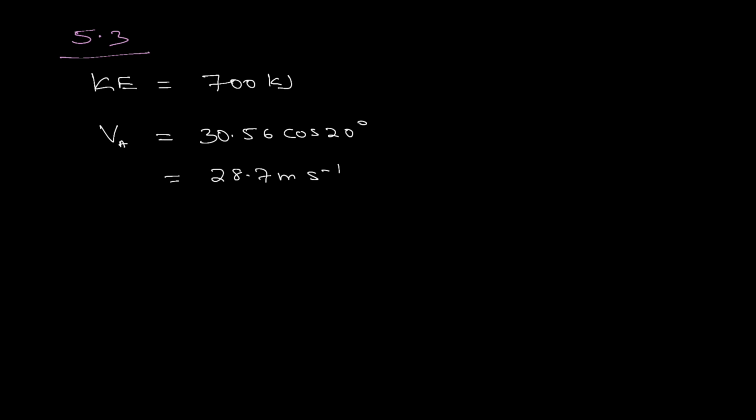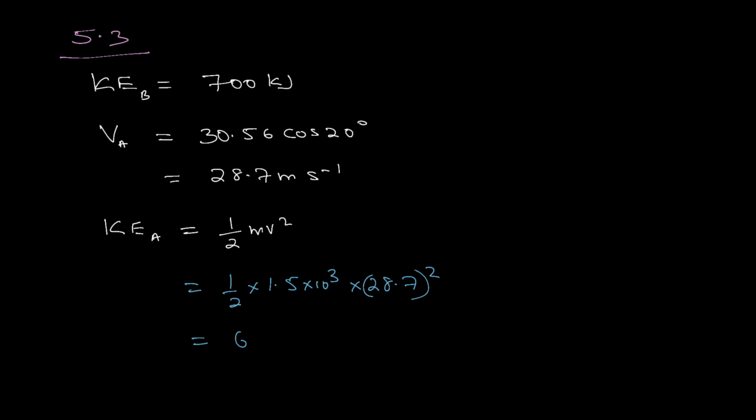And now we can work out the kinetic energy after collision. So the kinetic energy after collision will be equal to a half mv squared. So in this case, we can say 1/2 times 1.5 times 10 to the power 3 for the mass times 28.7 squared, and that gives 618 kilojoules for the kinetic energy after collision.